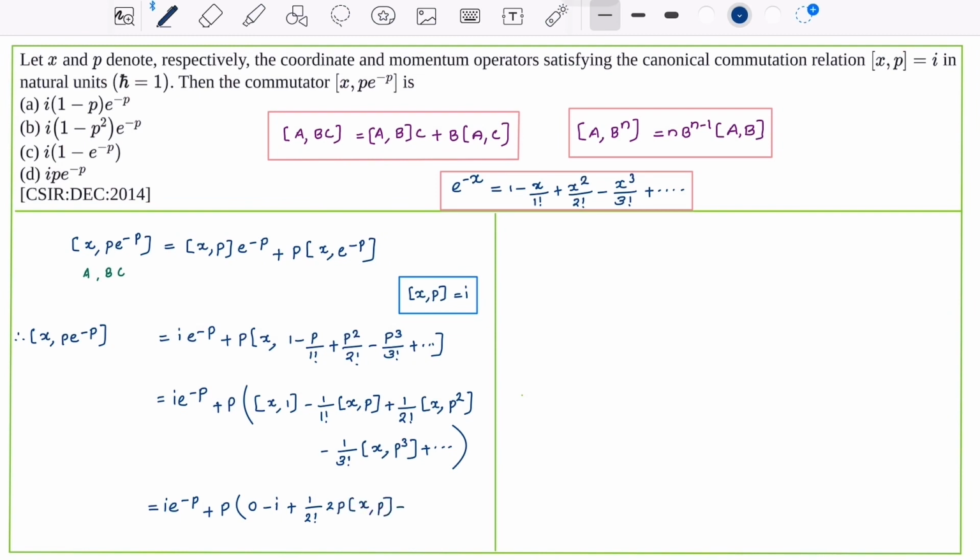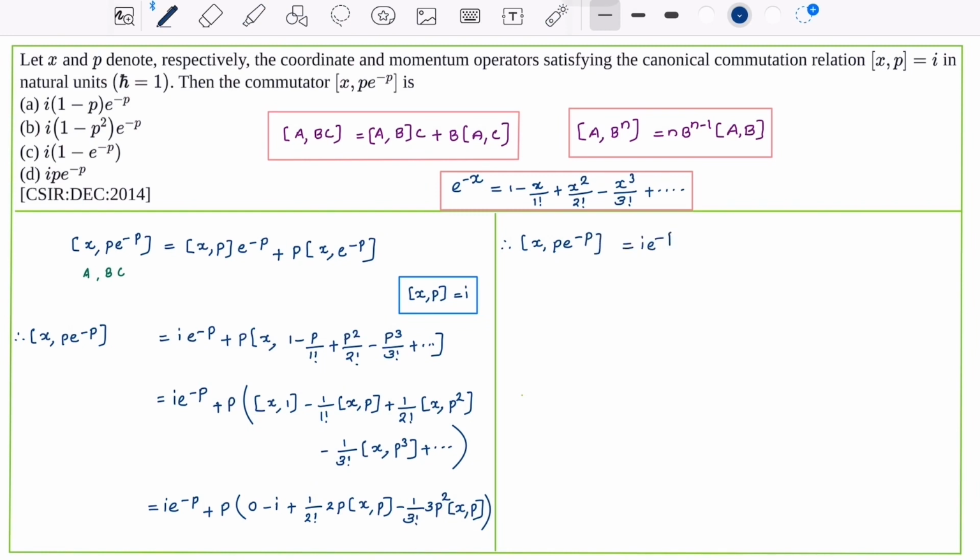So, the third term becomes 1 by 2 factorial 2p times the commutator of x and p. The next term becomes 1 by 3 factorial 3p square times the commutator of x and p. This is because the commutator of a and b raised to n is n b raised to n minus 1 times the commutator of a and b.